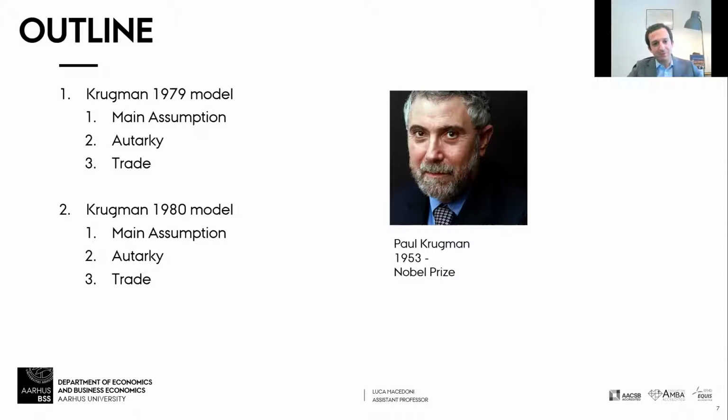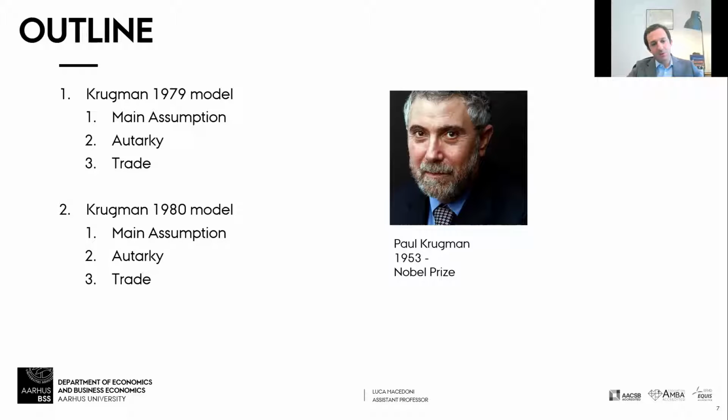So he wrote two papers that we're going to study today and in the next video lecture. The first one is the Krugman 79 model. For that, we're going to look at the main assumptions, look at the autarky case, and then move to trade. And then we're going to do the same thing for Krugman 1980.